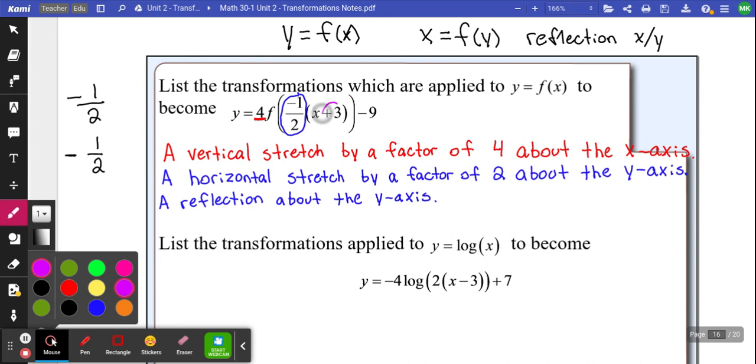Okay, there's 2 more here. We have this value, the +3. That's inside the brackets. That's my h value. So to properly write that h value, you have a horizontal translation. That h value moves things left or right.